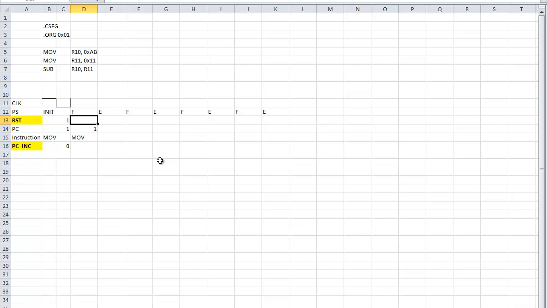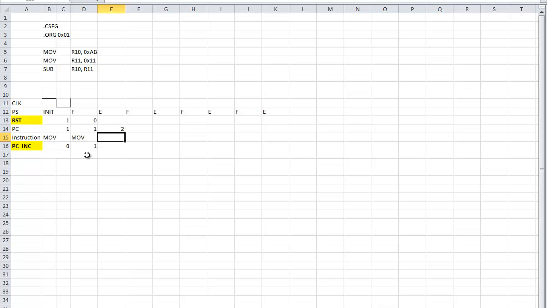And my reset is not going to be a 1 anymore because I'm not resetting anymore. But I'm going to go ahead and increment my program counter. So what happens in the execute state is, because I said PC inc would be 1, in the execute state the PC is going to become a 2 because I had to increment the PC and it became a 1 and then a 2.